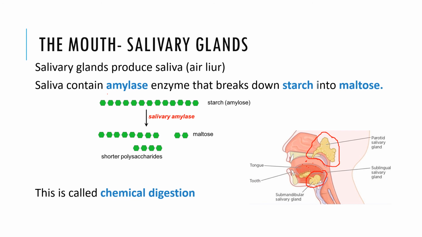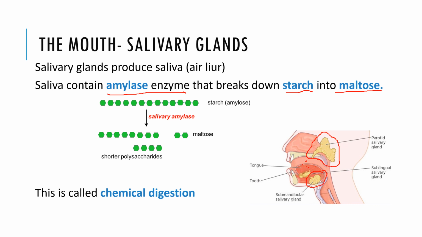Because it contains an enzyme. If you remember from the previous topic, an enzyme is a chemical that helps in digestion. In this case, it breaks down starch into maltose. Again, repeat: amylase enzyme breaks starch into maltose.